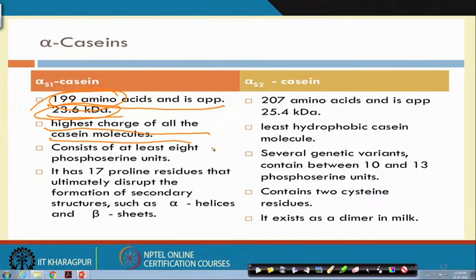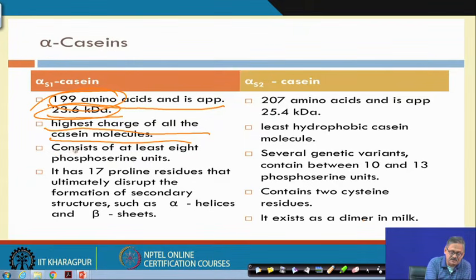So, alpha S1 casein has high charge. This consists of at least 8 phosphoserine units, right.